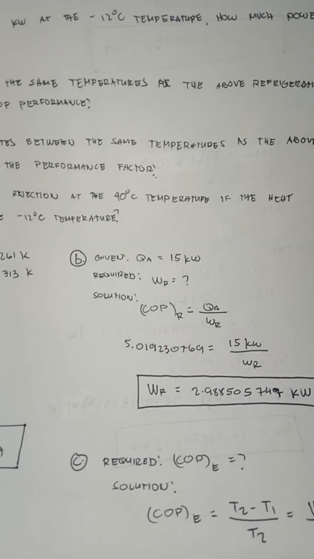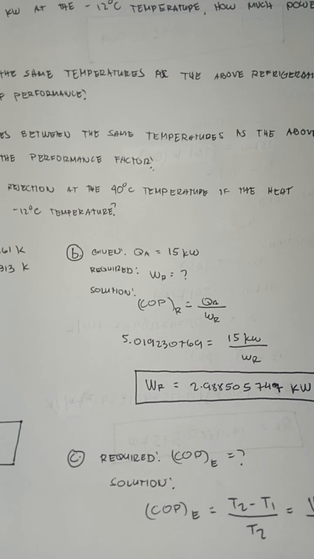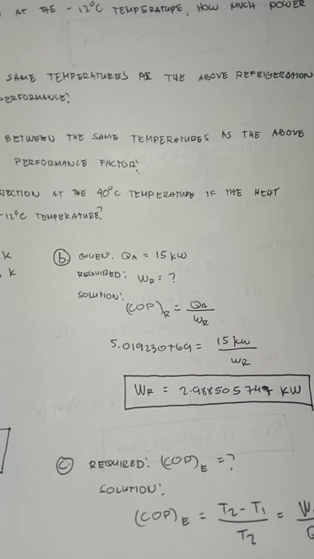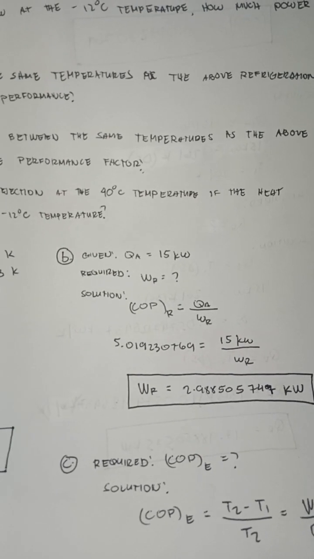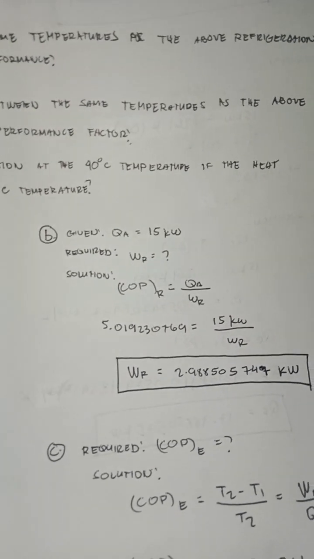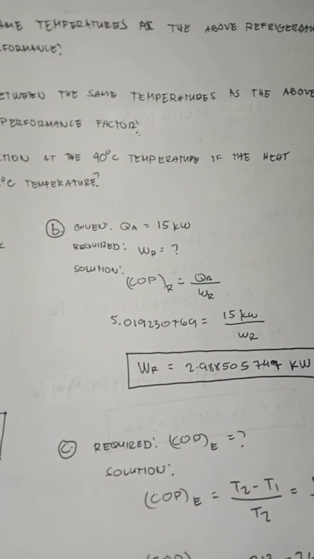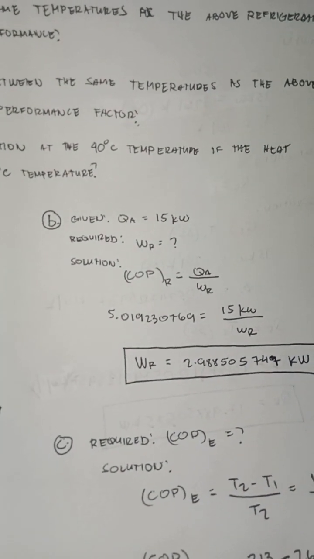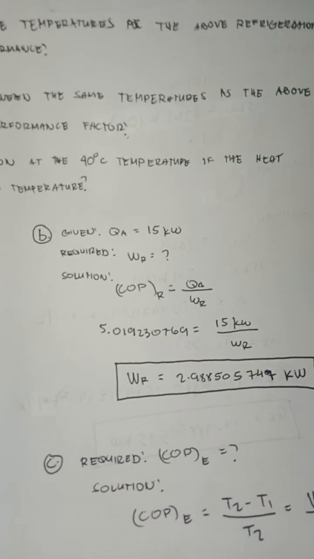Given that the heat absorbed is 15 kilowatts, the required is the work. Solution. The formula is COPR equals Q, heat absorbed, over work.